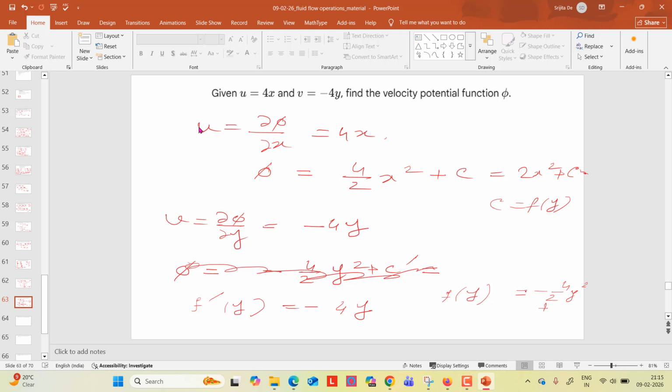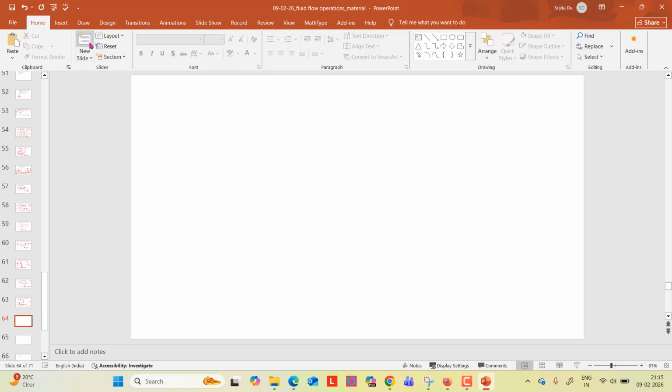Or you can do it the next way, that f(y) is minus 4 by 2 y square plus c, or function of x. So this is minus 2y square plus f(x).